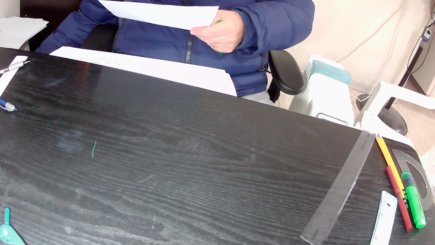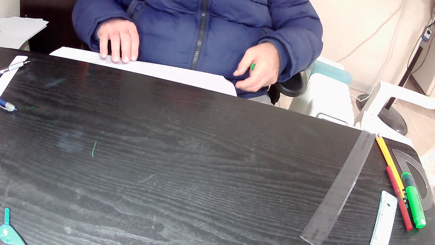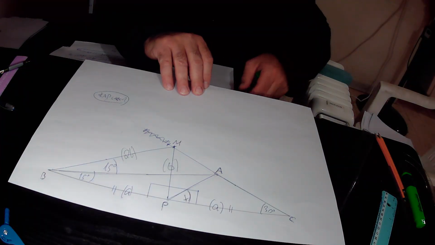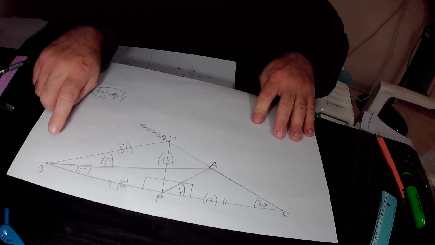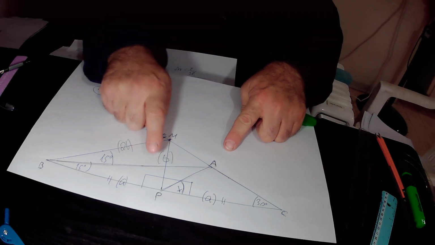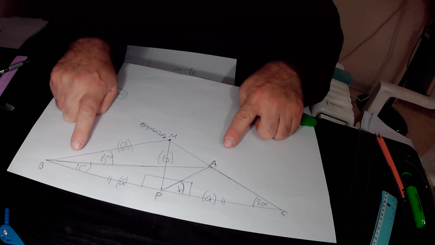So we have already implemented all the angle bisector theorem in our drawings. Why? Because, as I mentioned before, in the associated triangle BMC, AB is the angle bisector of angle MBC because it bisects angle MBC into two halves, each half equal to 15 degrees.